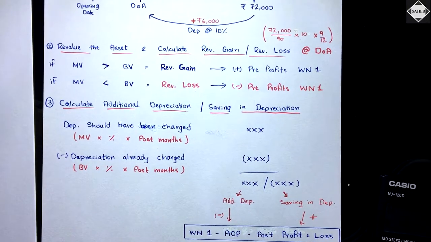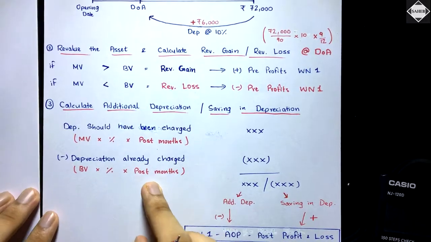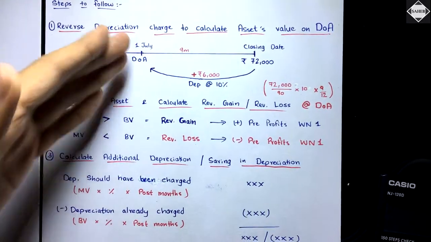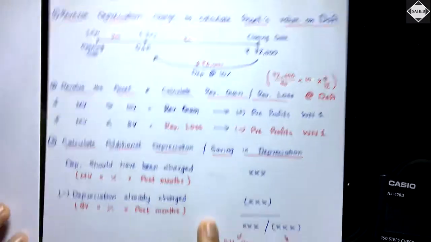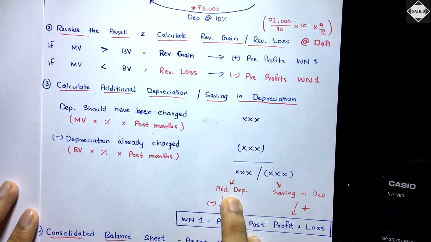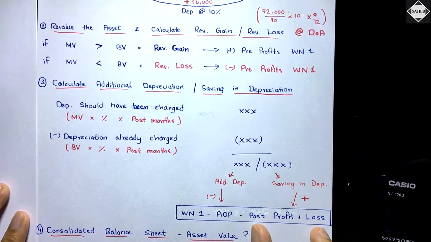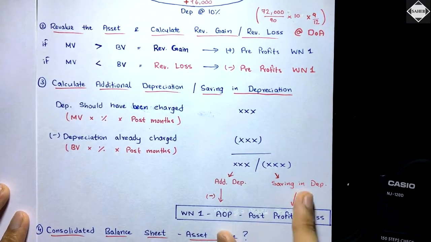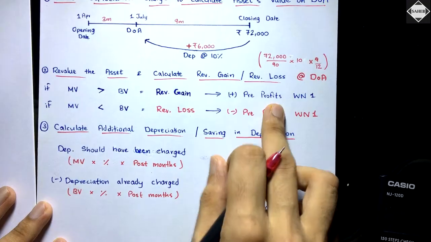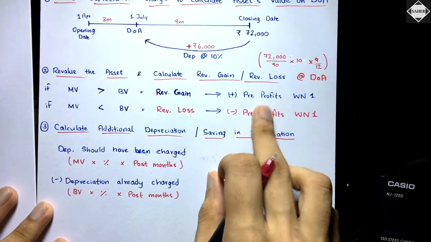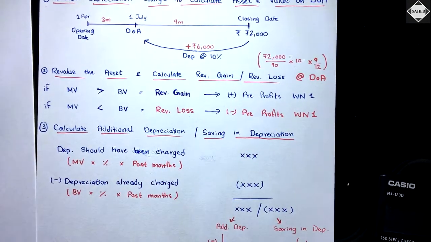Don't take the entire period, because this happens after the revaluation. If it is positive, it is additional depreciation; if negative, it is saving in depreciation. This will be adjusted in post acquisition profits, and the revaluation effect in pre-acquisition profits, in the reserves.